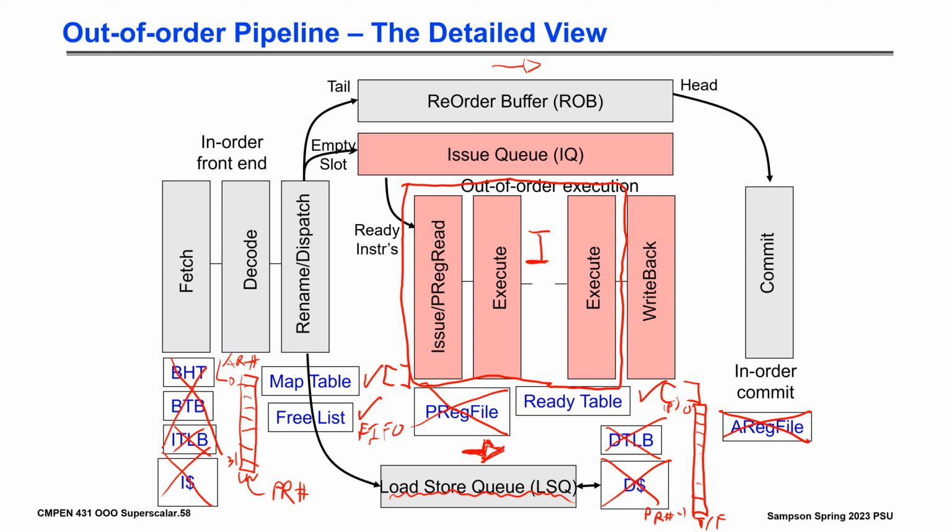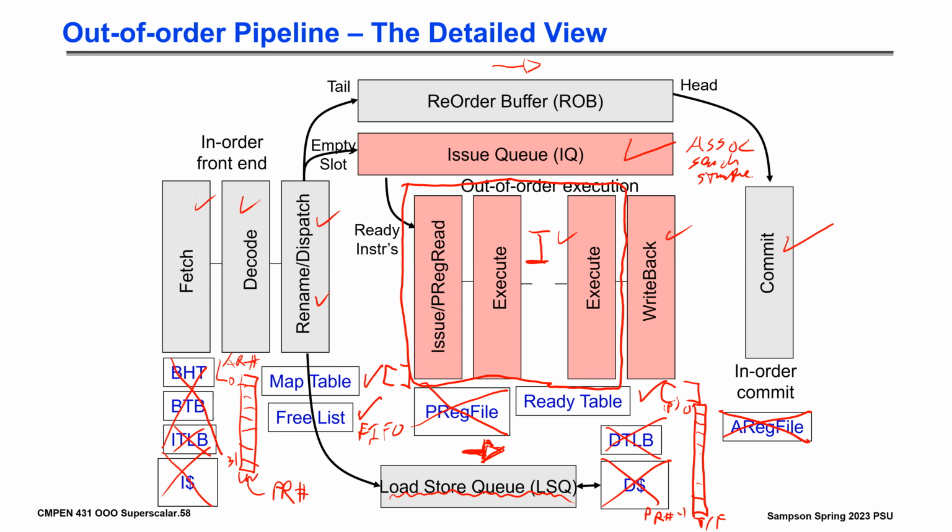Okay. You are going to basically be modeling fetch, decode, rename, dispatch, issue, write back, commit, some flavor of issue queue, right, which is going to be some sort of associative search structure, right?